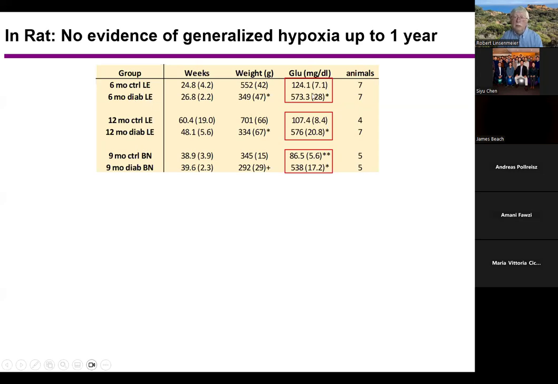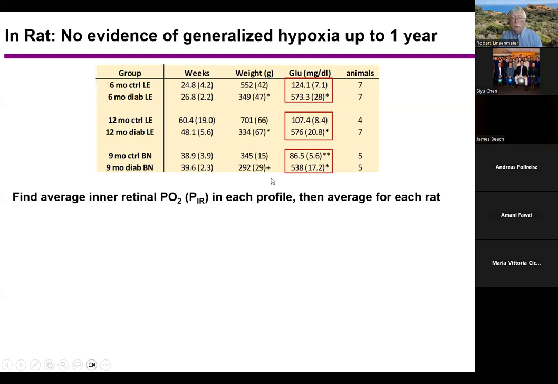And as you can see from the glucose measurements in the blood, they were all severely hyperglycemic, and they were also much smaller than control rats of the same age. So what we did was to measure profiles and find the average intraretinal PO2 in each profile, and then do an average for each rat.